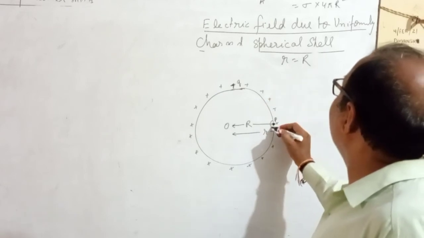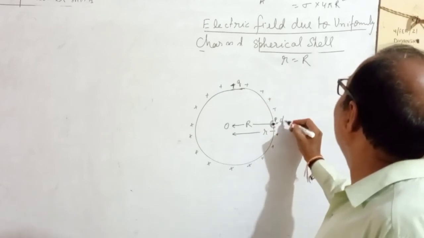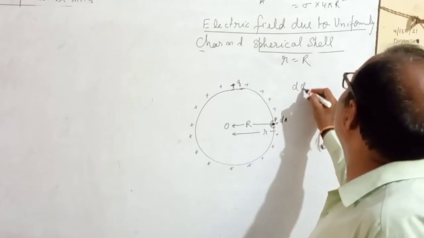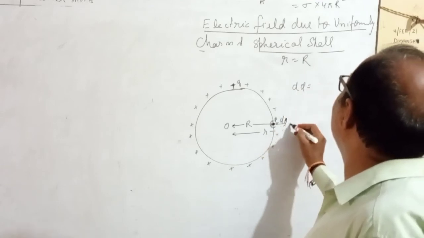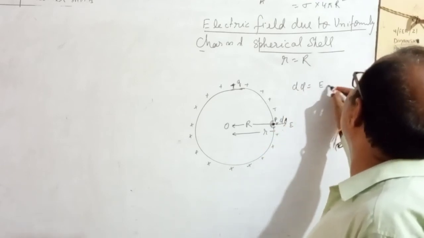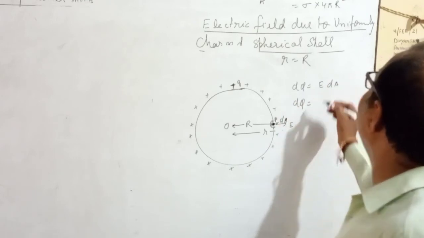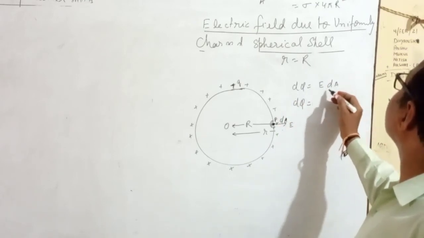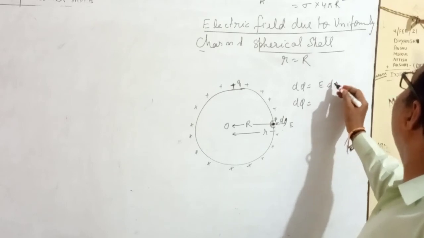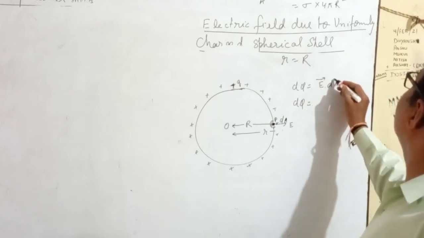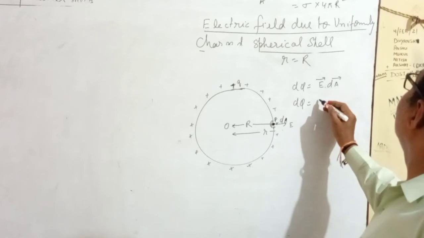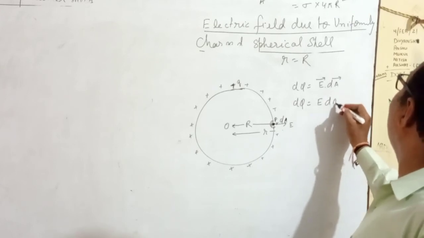You can utilize this. Again you take area dA, so d phi equals E dot dA, the intensity outward. So d phi equals E dA cos 0.